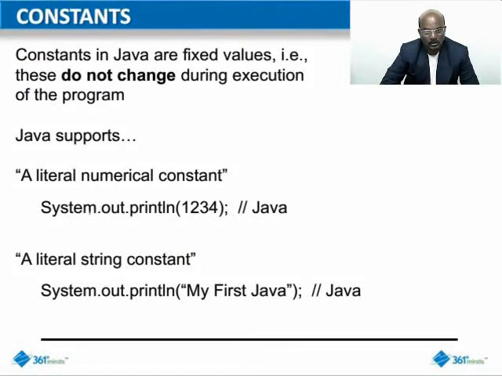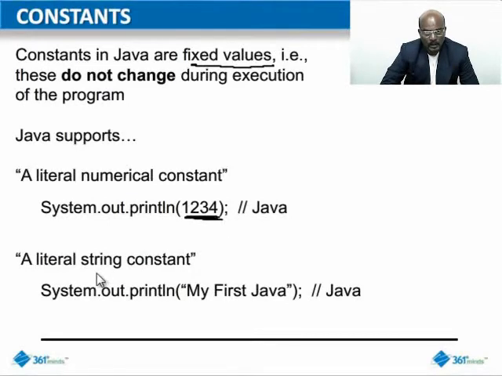Constants. Constants in Java are fixed values that cannot be changed by the user. For example, Java supports a literal numerical constant like the number that I have given inside the System.out.println, which has been printed as 1, 2, 3, 4. It's the same number that will be printed on the console, and this value cannot be changed.